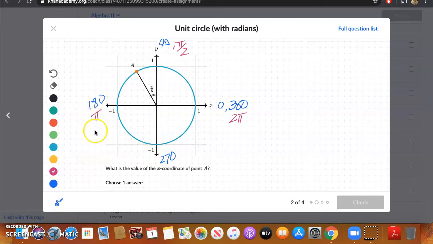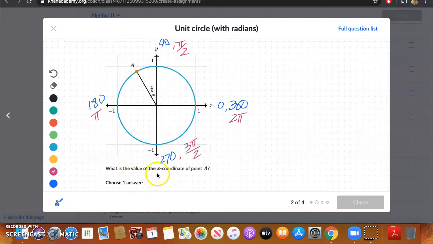It would be pi plus pi over 2, which is equivalent to 3 pi over 2, or 1.5 pi. It's 0.5 pi, pi, 1.5 pi, and then 2 pi. Now, just knowing those angles in radians, let's take a look at the question.